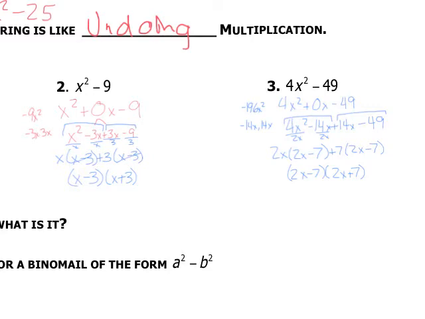What kinds of patterns did you guys come up with? Yeah, Joe. Like the first part of the answer is different than the second part. Like the number in the first one is the opposite of the number in the second one. Oh, so you're talking about the signs in the middle. Yeah. One's plus, one's minus. Okay. What other patterns did you see, maybe going from the problem to the answer?